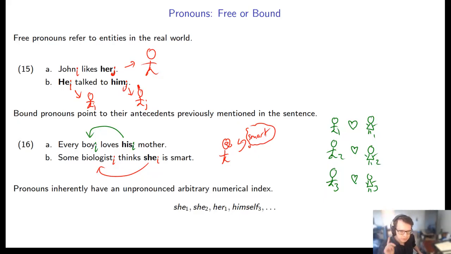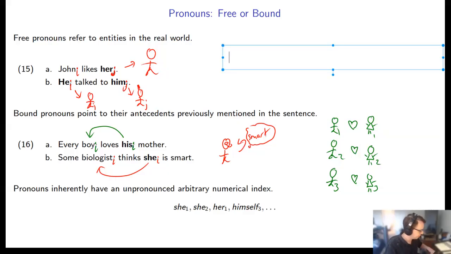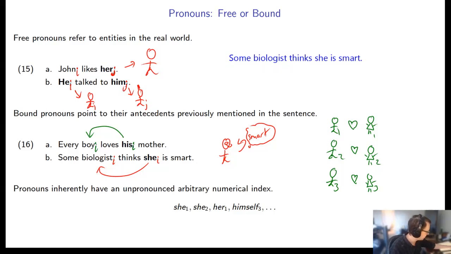If we do want to say that these are different people, I'll put this up here because it's in the free section. Some biologist thinks she is smart. If we want to say it's free, then we could do something like some biologist_i, she_j. So in this case, this she is free because we have i being the biologist and j being someone else.